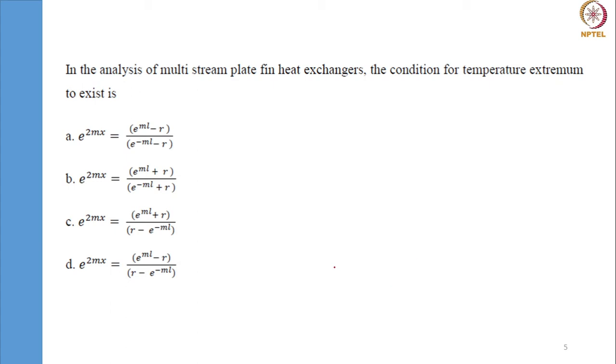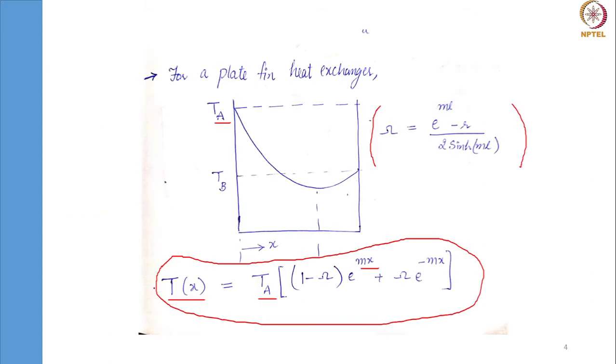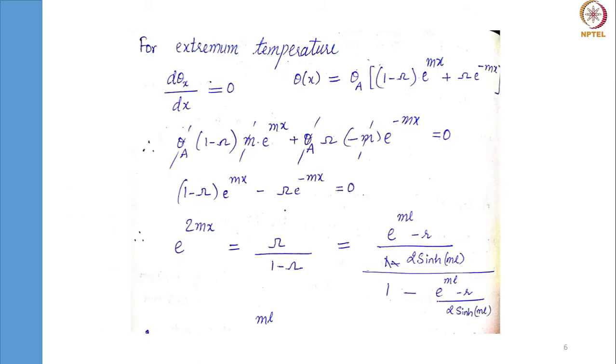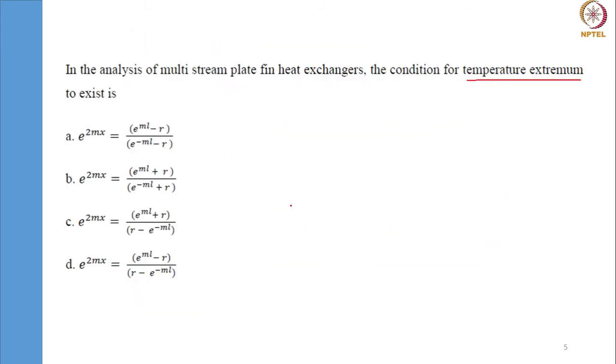This is a temperature distribution profile. To find out the condition for temperature extremum, we do differentiation obviously. So dT by dx should be equal to 0, where x is the length of the fin, and equate it to 0.